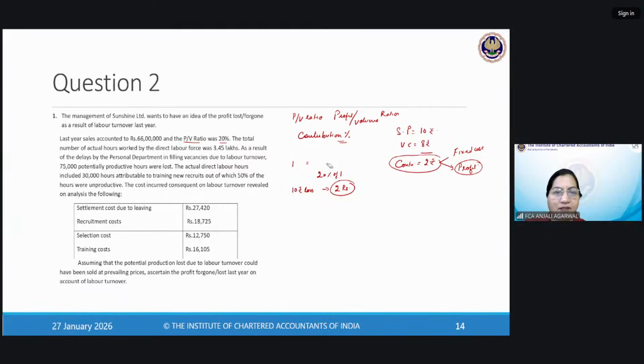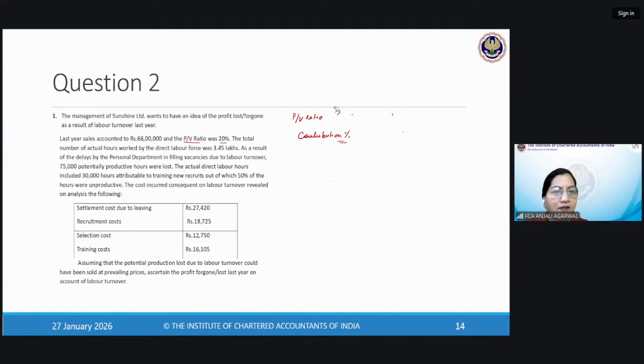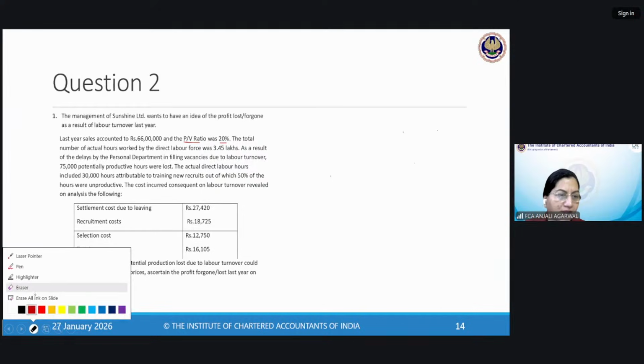Now what has happened is you have achieved a sales of 66 lakhs and the contribution percentage or PV ratio is 20%. So every 1 rupee sale, you are able to generate 0.20. Now, how many hours the workers have worked during this period is 3.45 lakh hours.